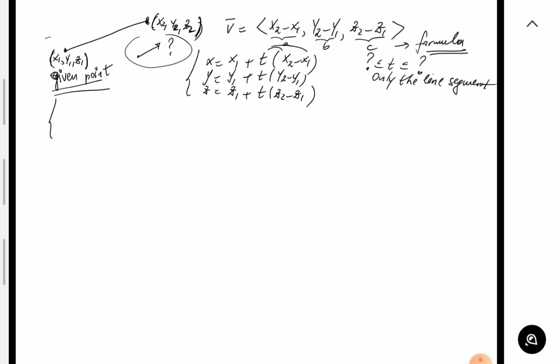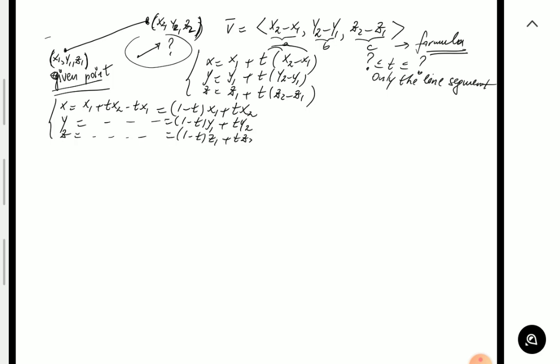So notice if I distribute the t, the first equation actually is x1 plus t x2 minus t x1, and then I can factor out x1, which gives me (1 minus t) x1 plus t x2. And obviously the same thing works for the other variables: (1 minus t) y1 plus t y2, and so on and so forth, (1 minus t) z1 plus t z2.